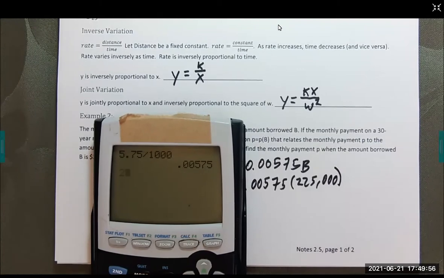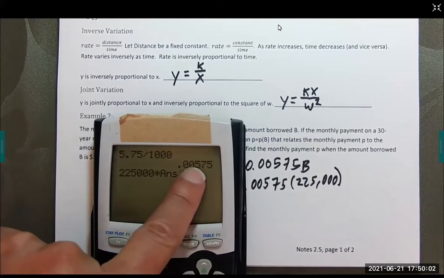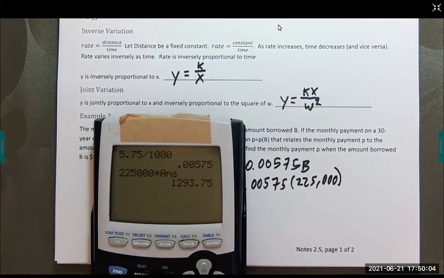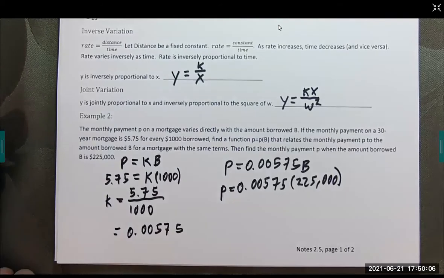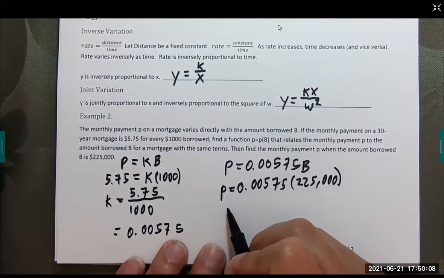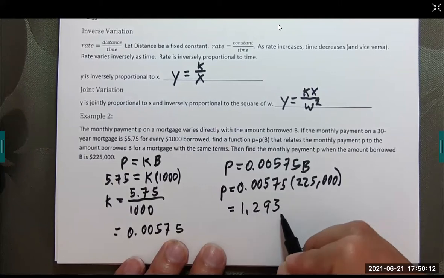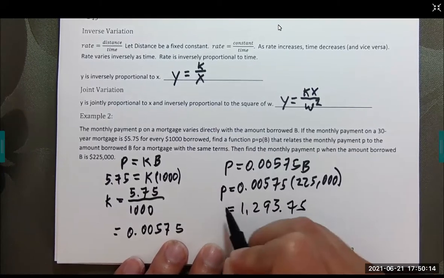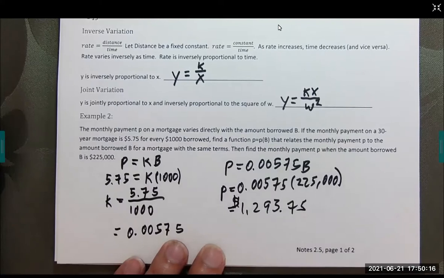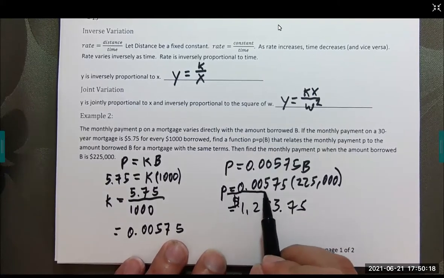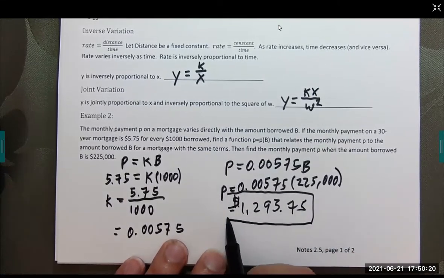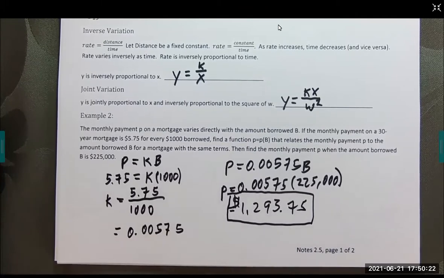I'm going to go 225,000 times the answer, meaning times this number here. That brings it to a monthly payment of $1,293.75. There we go. Kind of cool.